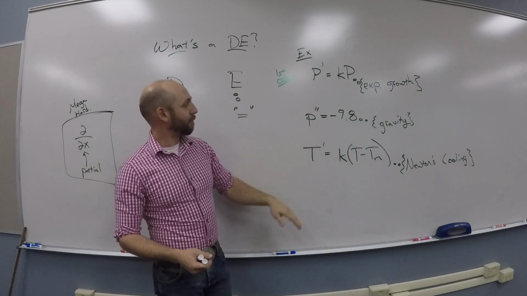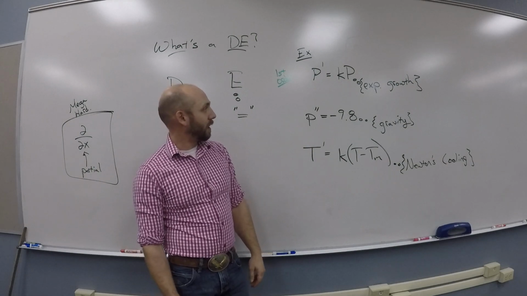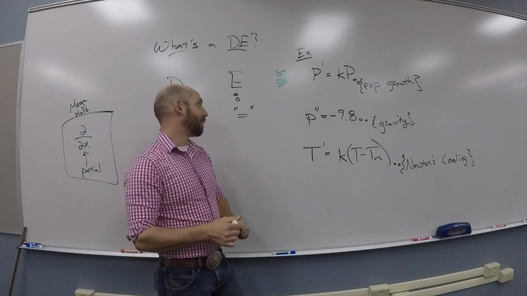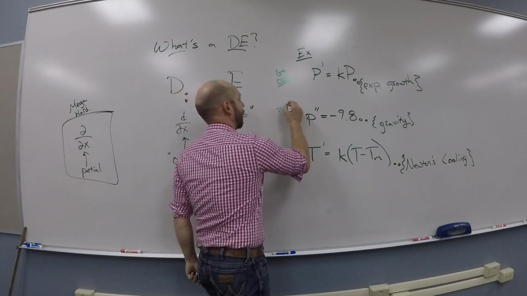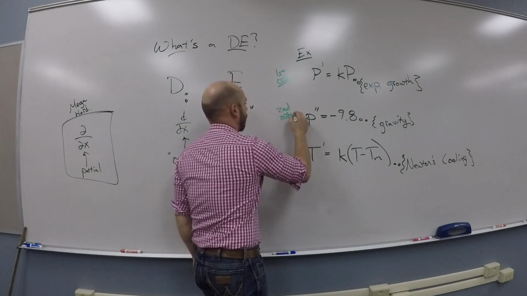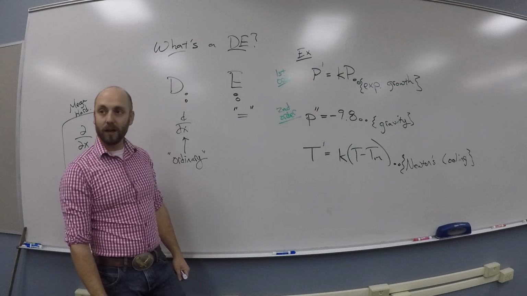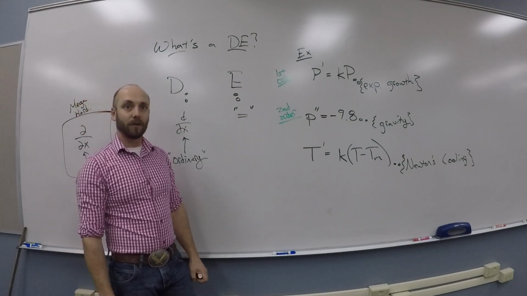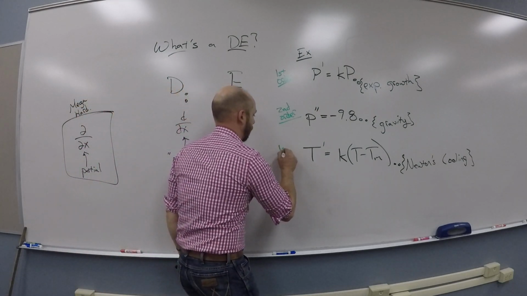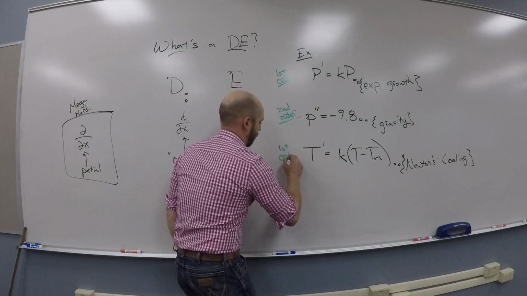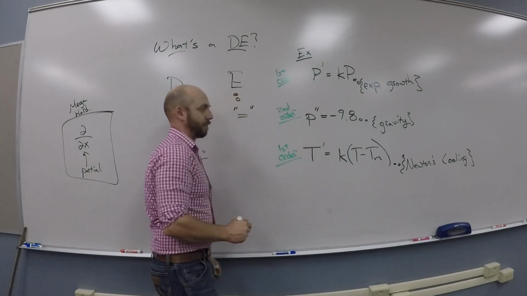How about the p double prime is minus 9.8? Second order. Good. That one's second order. And this Newton's cooling guy is also first order. Okay.